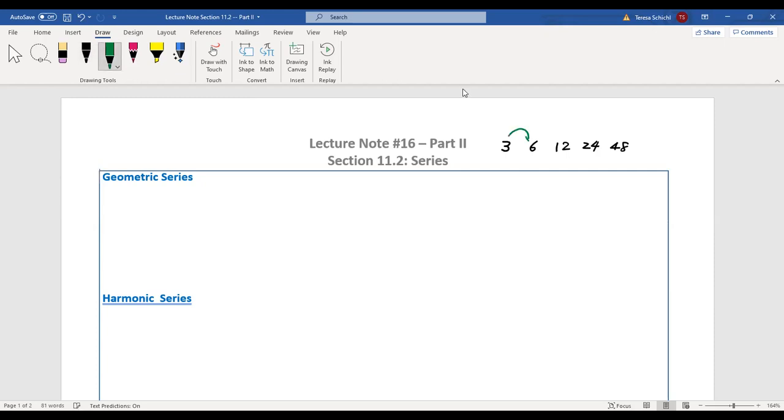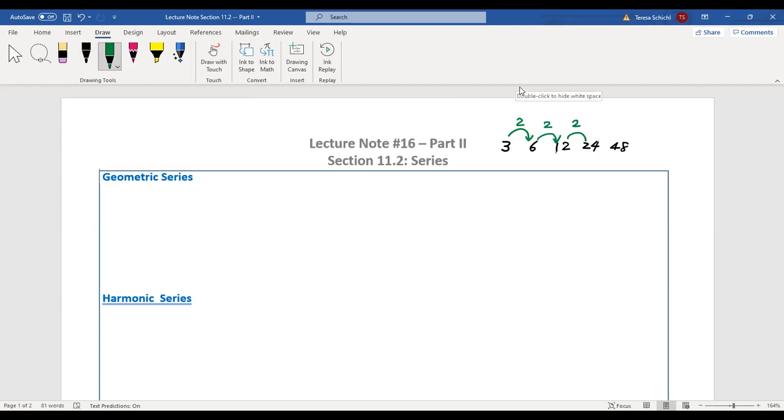The second term is the first term times 2, then this term times 2, and this term times 2. This type of series, we call a geometric series.